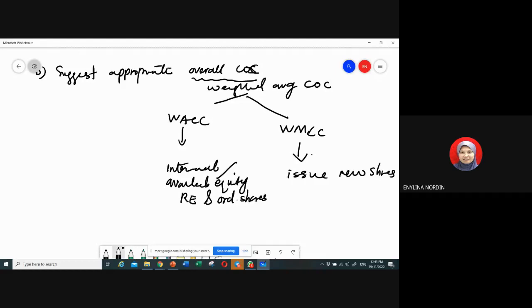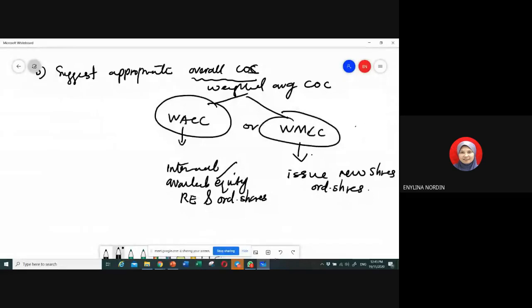If you need to issue new ordinary shares, then you have to use WMCC. Okay, now how are we going to determine which one we are going to use, WACC or WMCC?